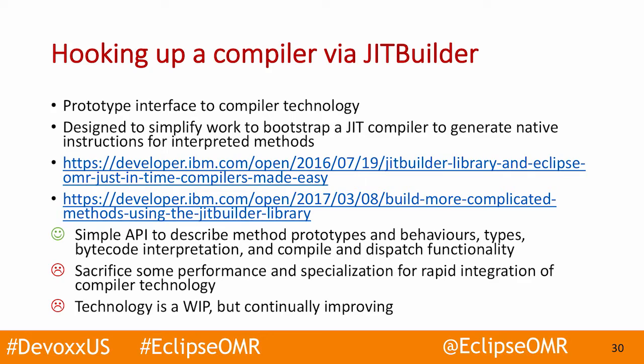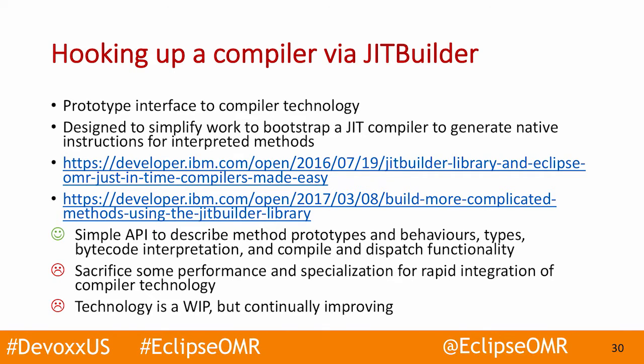The way that it works, it's really just a simple API that you use to describe what it is that you're compiling. So in a particular runtime, you would have to describe your method, what its signature is, what parameters it takes, what types you are using, how you interpret your bytecodes, and what it actually means to interpret those. How do you do your compilation, that sort of thing.